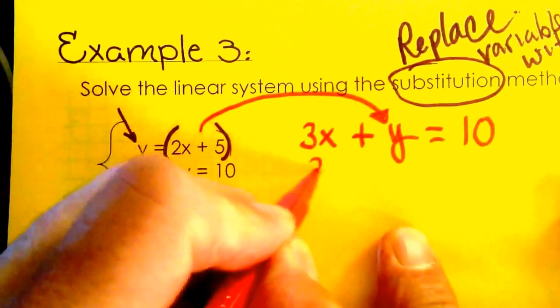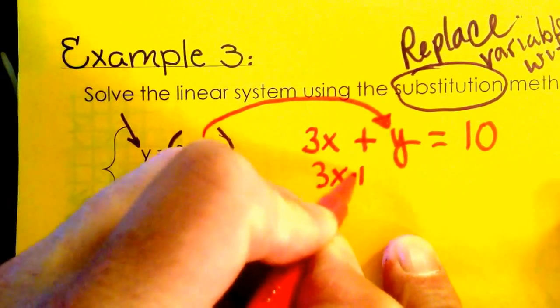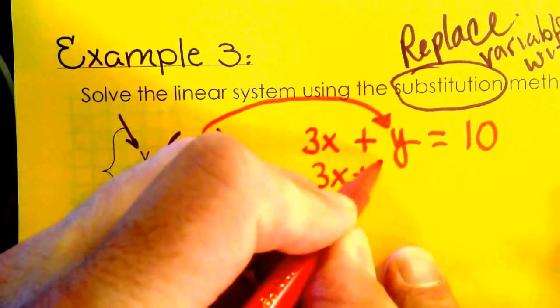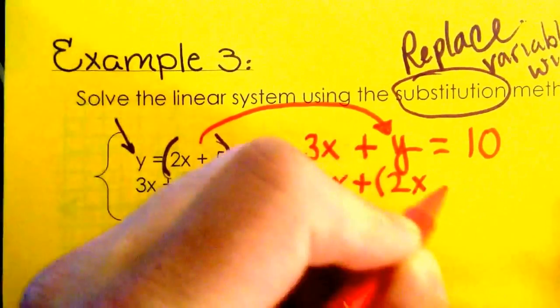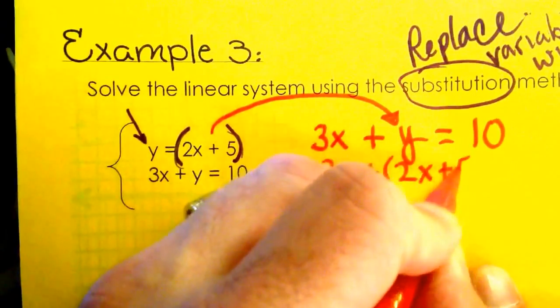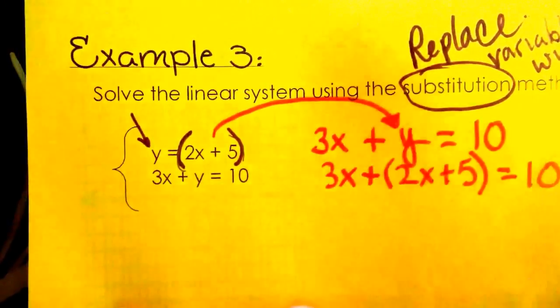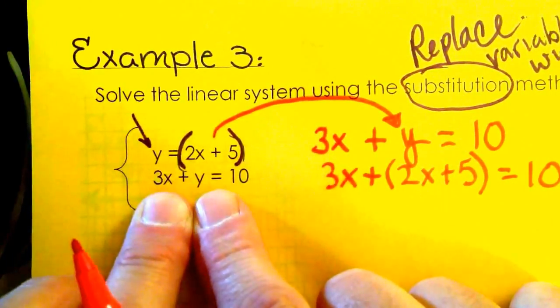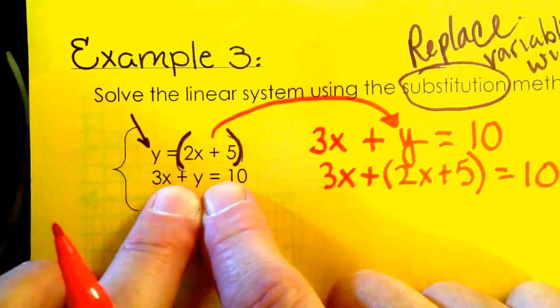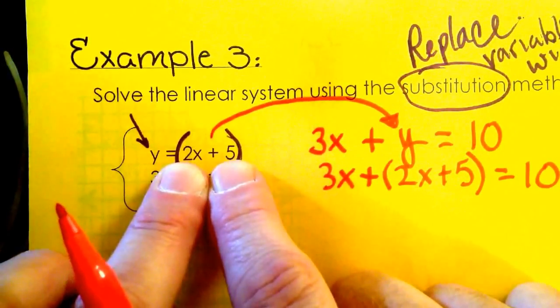So here we go: 3x plus, and this is what we're going to put in here, 2x plus 5 equals 10. All we did is take our second equation and substitute the value for y that we got from the first equation.